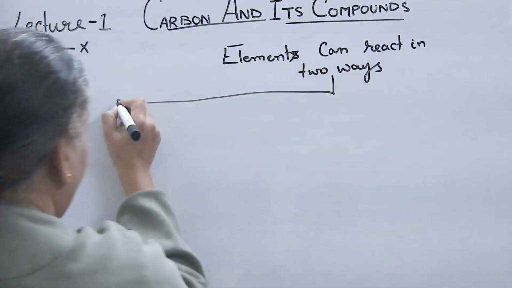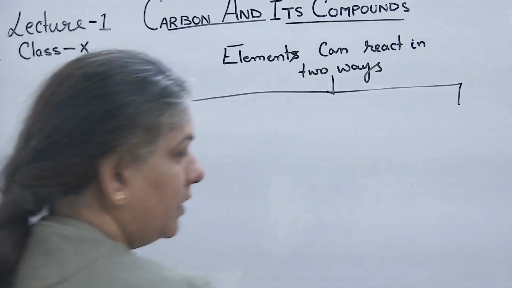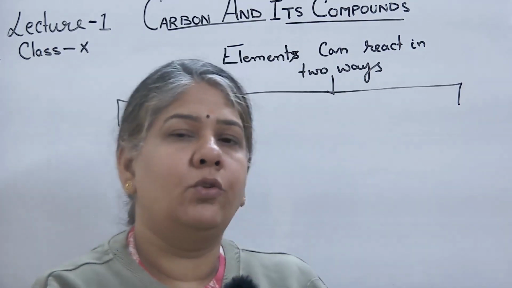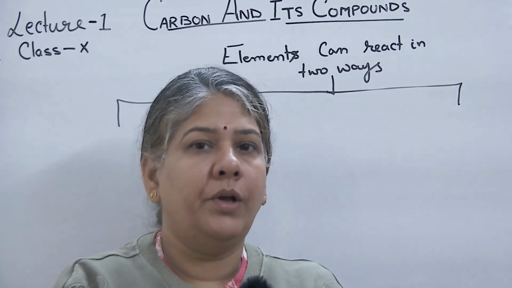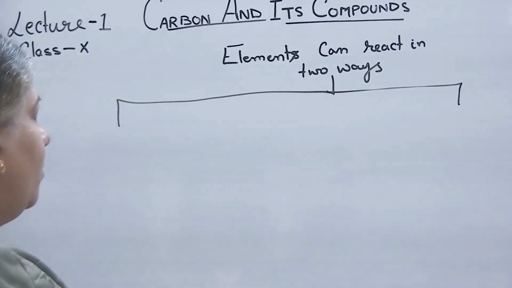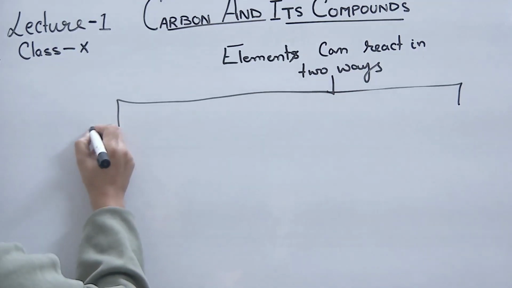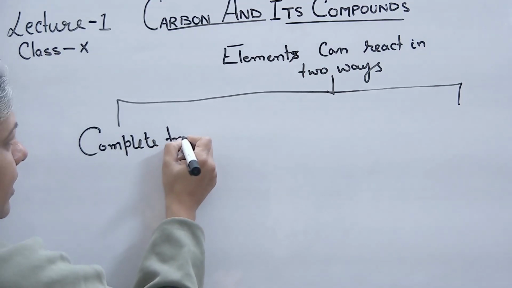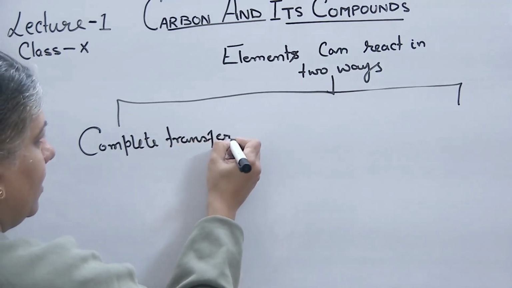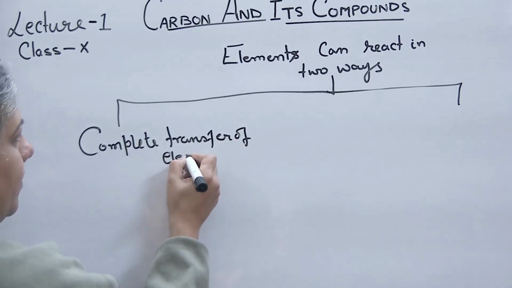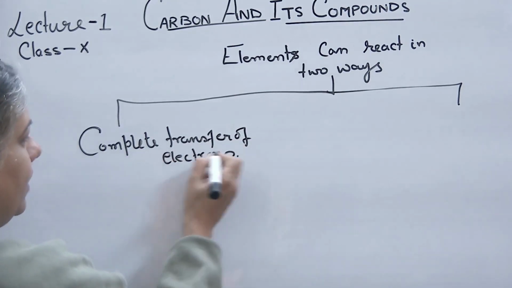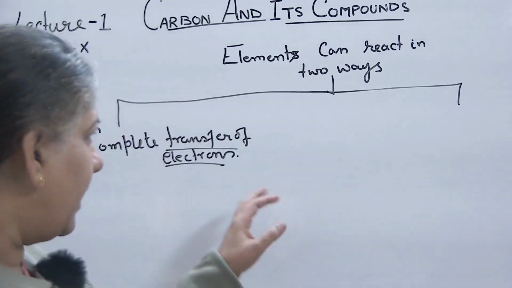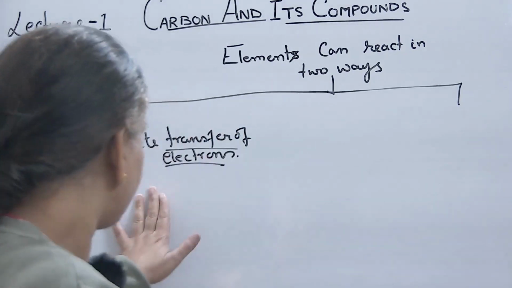One of the ways is by complete transfer of electrons, that you studied in metals and non-metals, and that leads to formation of ionic compounds or the electrovalent compounds. So the first way is complete transfer of electrons. This you studied in metals and non-metals, but I'll briefly explain it here also.